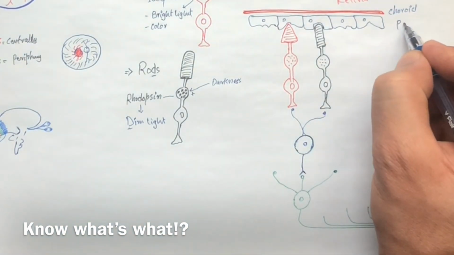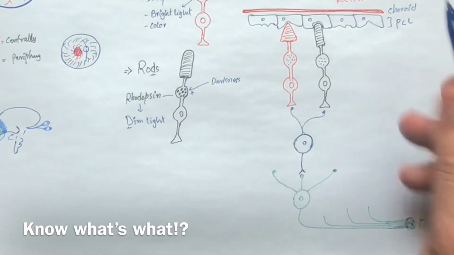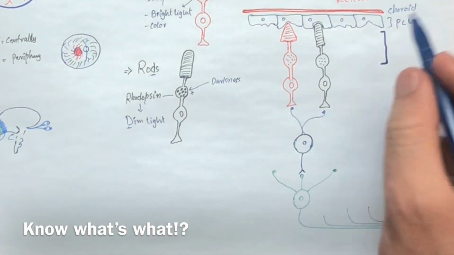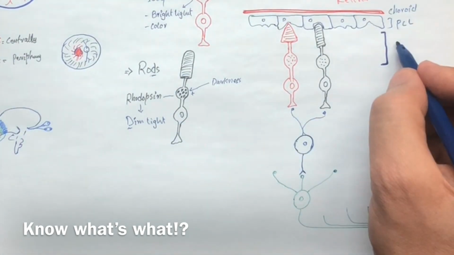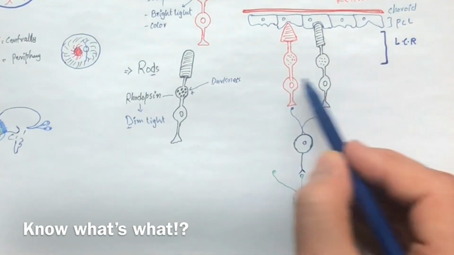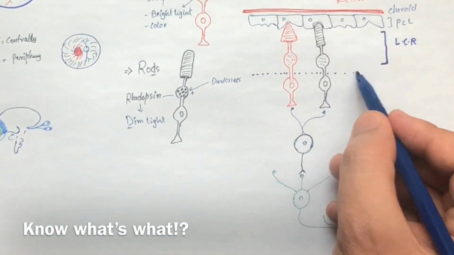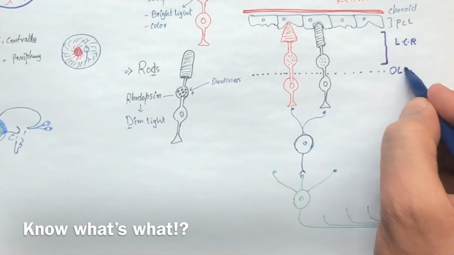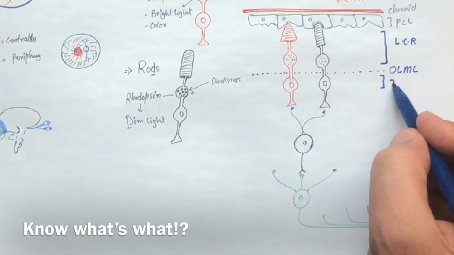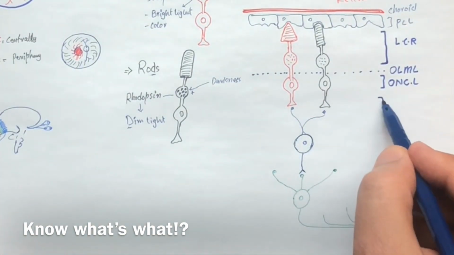And now if we look at the retina and its layers, the first and the outermost layer is the pigment cell layer, and then the rods and cone layer. So this one is the layer of cones and rods. And then we have the outer limiting membrane layer. And then we have the outer nuclear layer because there are nuclear bodies there.